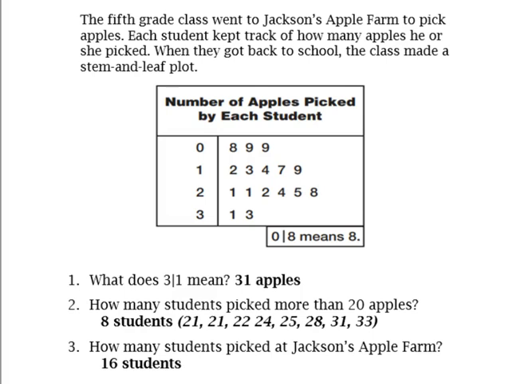Number 2, how many students picked more than 20 apples? And the answer is 8. In looking at our stem and leaf plot, we see there were 2 students that picked 21 apples, 1 student picked 22 apples, 1 student picked 24 apples, 1 student picked 25 apples, another student picked 28 apples, a student picked 31, and lastly, there was a student who picked 33 apples.